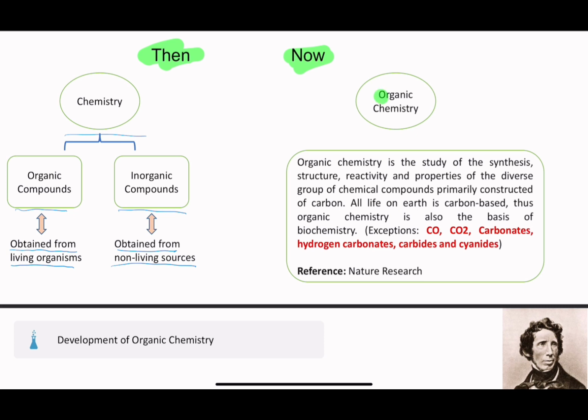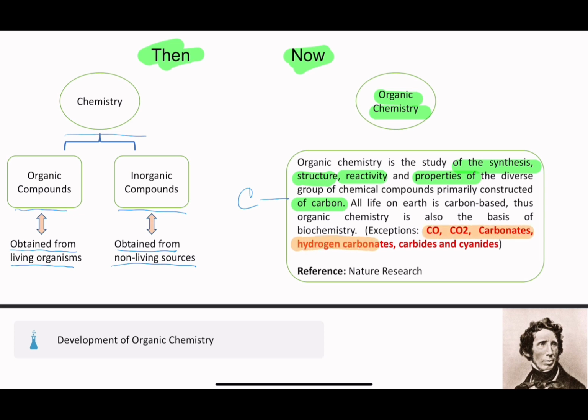We have a specific definition for organic chemistry. It is the study of the synthesis, structure, reactivity, and properties of a diverse group of chemical compounds primarily constructed of carbon. So I said that it's mainly about carbon. Okay, but we have some exceptions.